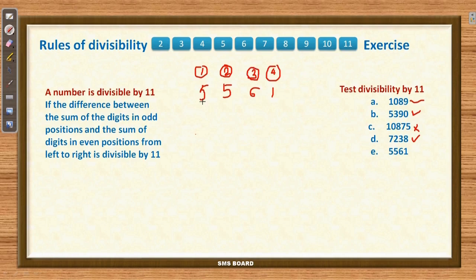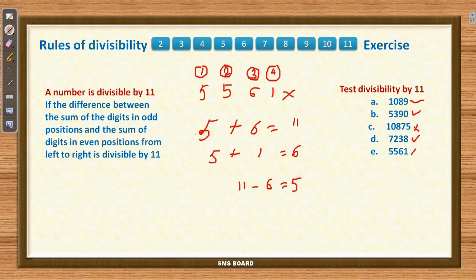The odd position digits are 5 and 6, so 5 plus 6 sum equal to 11, and the even position digits are 5 and 1, 5 plus 1, that is 6. So 11 minus 6 equal to 5. This is not divisible by 11, so this number is not divisible by 11.